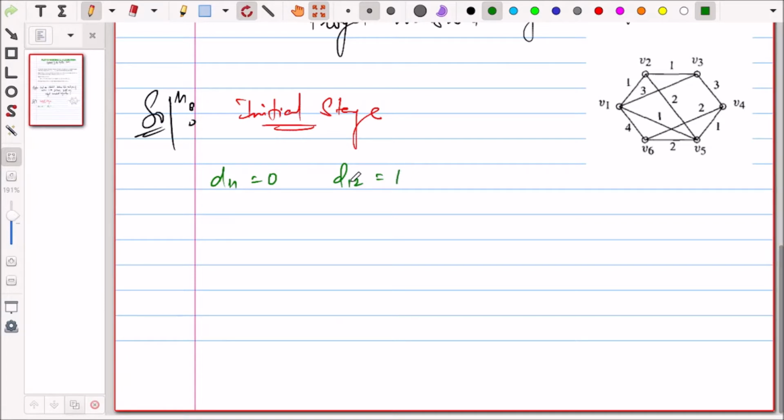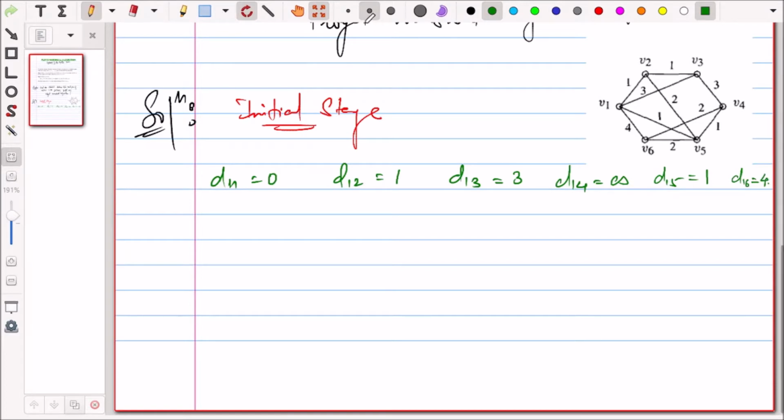It is 1, the weight of the edge 1-2. If there is no edge, then we will put infinity. Then d13 is 3, d14 is infinity, d15 is 1, and d16 is 4. So this is how we get this matrix.